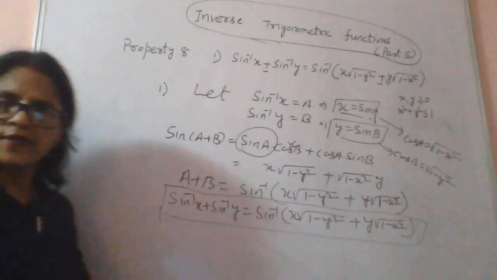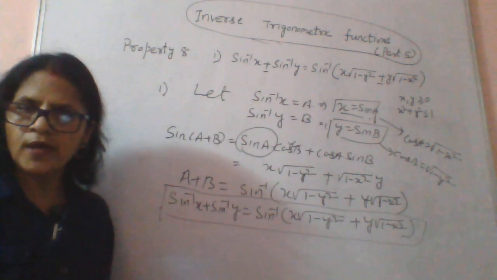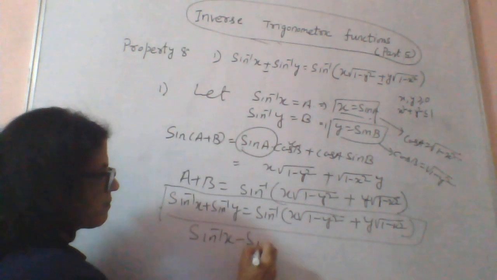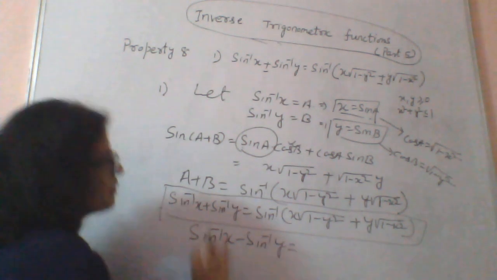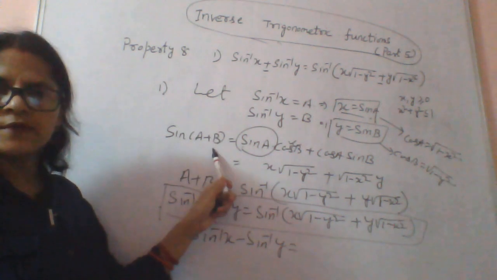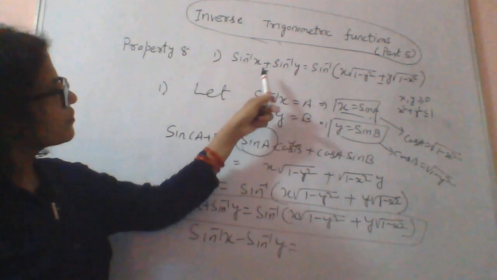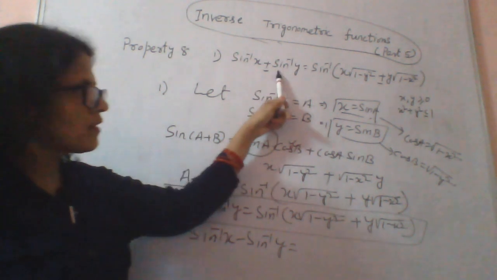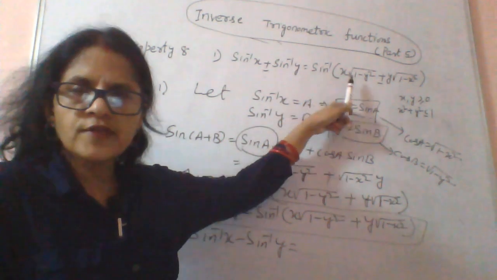In case we take sin inverse x minus sin inverse y, you have to take sin a minus b here. So a minus b equals sin inverse of something.